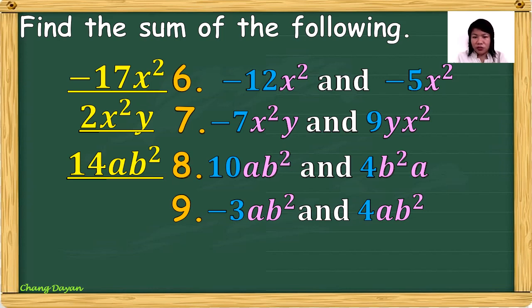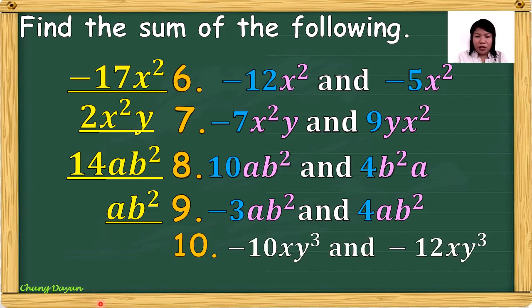So, 4 minus 3 is 1. Then, just copy the literal coefficient. Kung mapapansin nyo dito, wala siyang nakasulat na 1. Yan ay invisible 1. Okay?